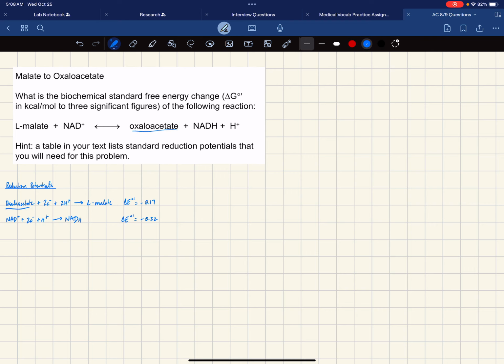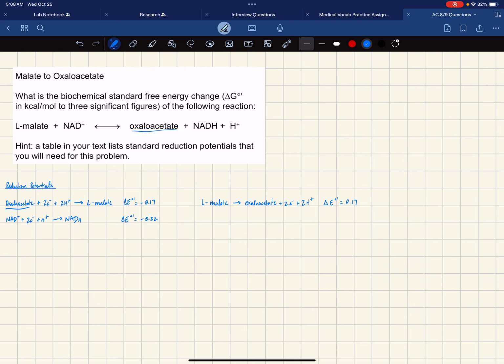So I'll flip that one and I'll say the L-malate to oxaloacetate plus 2E minus plus 2H plus. That has this delta E naught prime value of, instead of negative 0.17, I'll be positive 0.17 here.